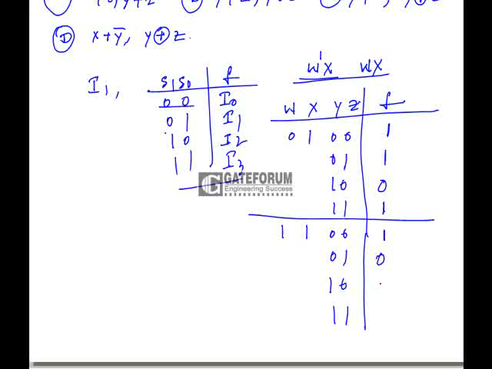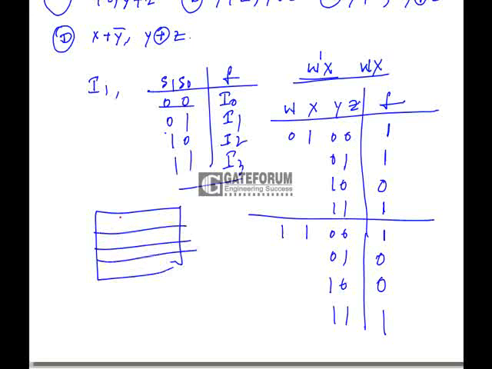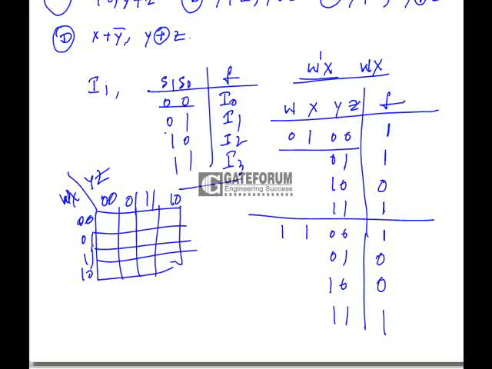Making use of the Karnaugh map, we can find the simplified value of those. For example, if you take W, X, Y, Z like this, 0 0, 0 1, 1 0, 1 1, the entries 0 1 0 0, 0 1 0 1 and 0 1 1 1 are 1.